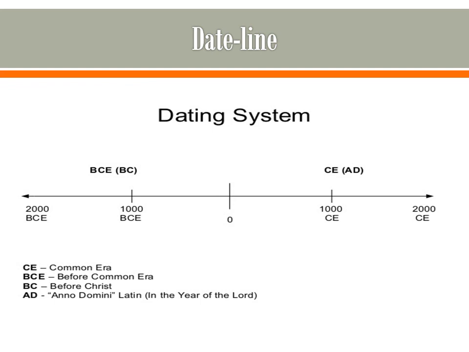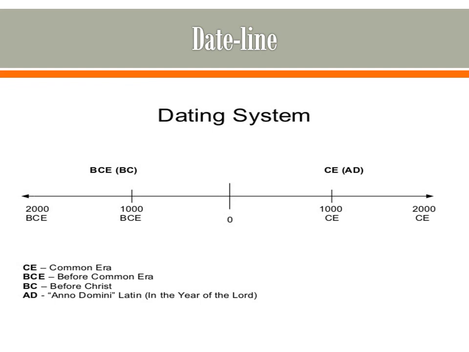Right now, if it is 2020, it means 2020 AD, and before 0, it is not negative, time can never be in negative, but that is BCE, before current era or before common era, or BC, before Christ, that is before the birth of Christ. The birth of Jesus Christ, that is 0.